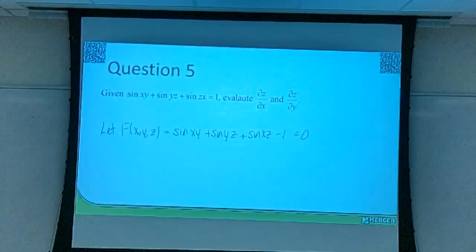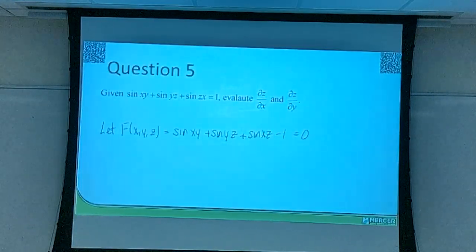Implicit differentiation here. 2 ways you can do it. You can just do the brute force method, right? Or write a 3-variable function equal to 0 out of that expression.